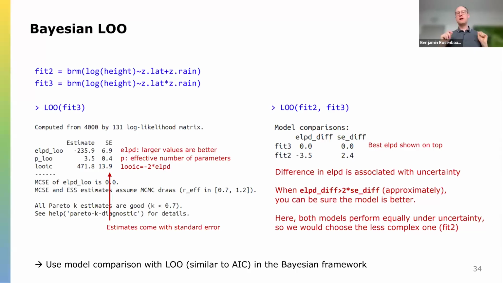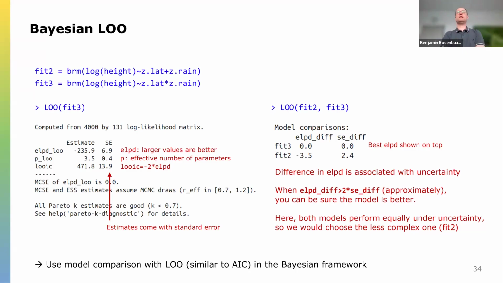The standard error here, now that's a very technical detail, does not come from the uncertainty in the parameters. It actually comes from the standard error of having this evaluated in many data points. However, that's a minor technical detail. The important thing is that it comes with some measure of uncertainty.